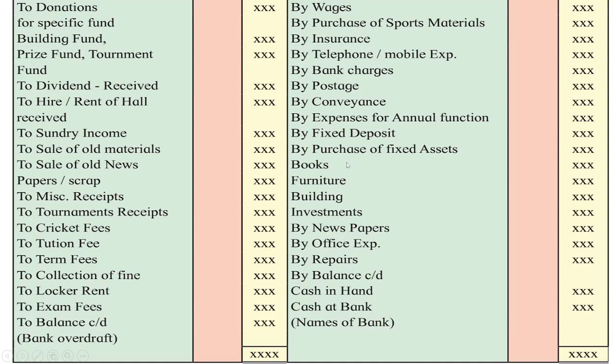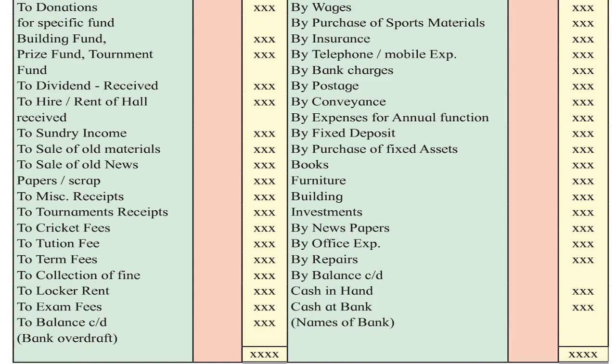While transferring these balances, we also consider the opening balances of these assets and add the purchase amount in the asset side to the related assets. Thereafter, newspaper, office expenses, repair, etc. These are revenue expenditure, hence transfer to the expenditure side.